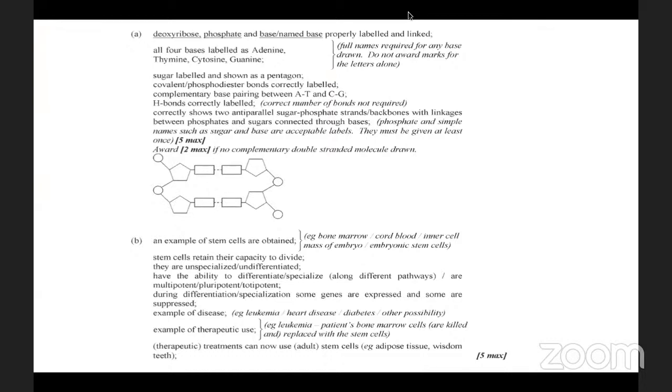So kita explain pula kenapa stem cells ni boleh digunakan. Kata sebab stem cells they have the capacity to divide and also they are unspecialized and differentiated. So because of this ability, they have the ability to differentiate or specialize. So because they are multipotent. So okay.